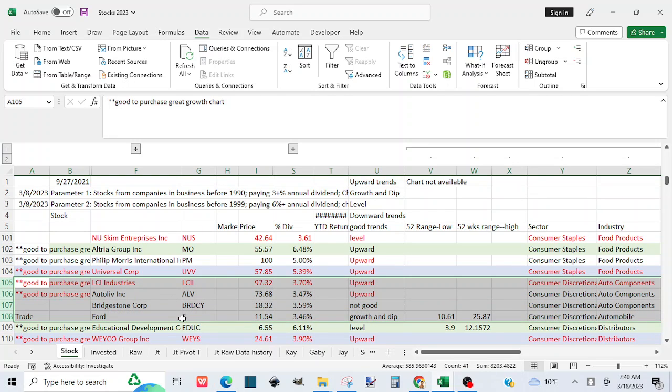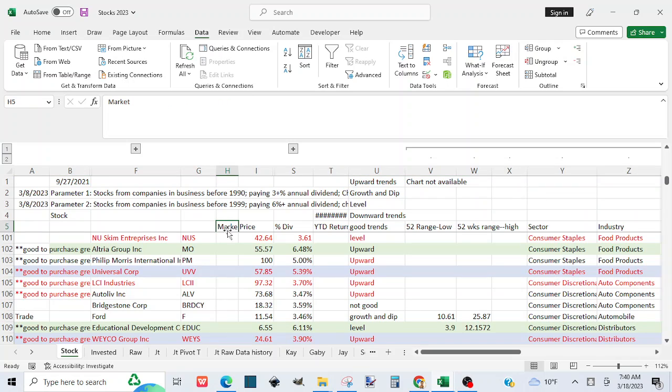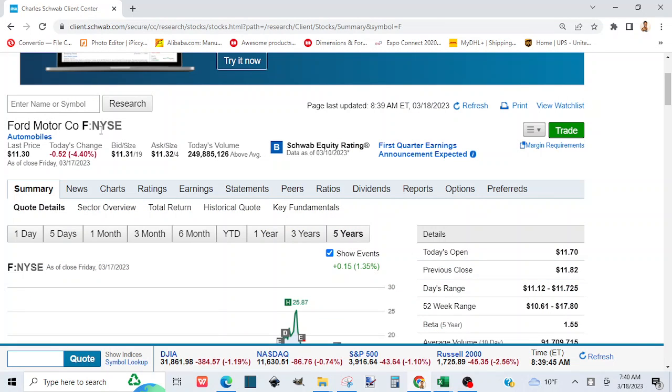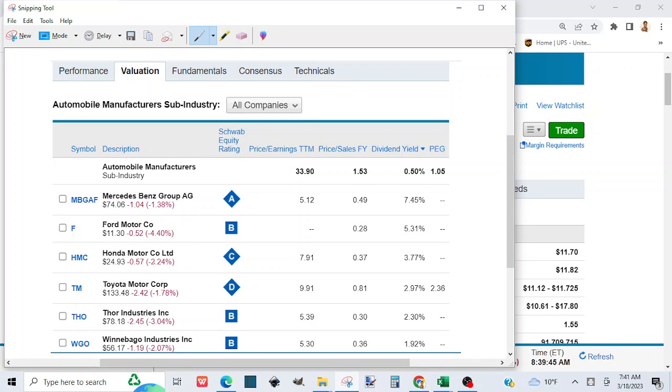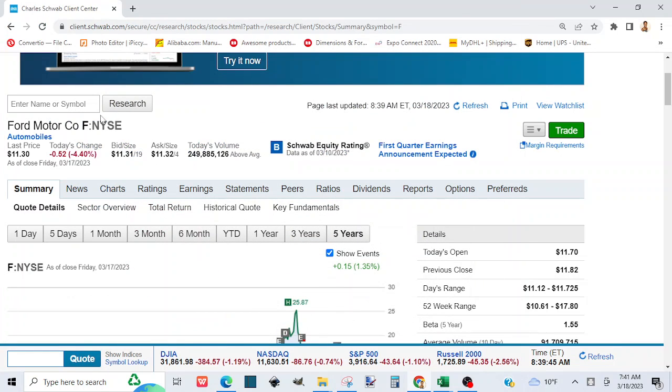Okay, so Ford went through, and then if you want, you can put the market it's selling in. I don't really do it for all of them. I can just see it. If it's not NASDAQ or New York Exchange, I'll just get out of this and look for the next symbol that met the requirements and search it. But it's on the New York Exchange, so it passed that requirement.